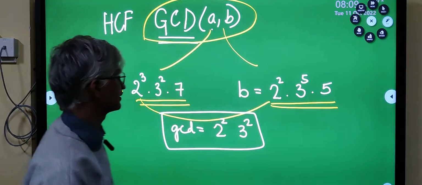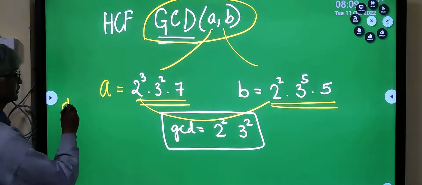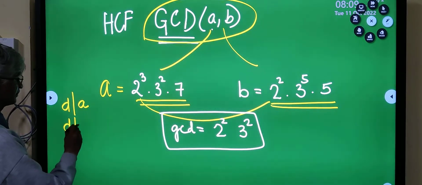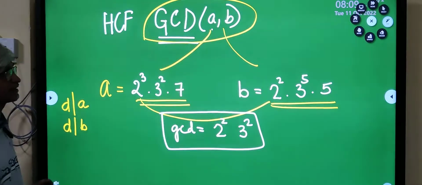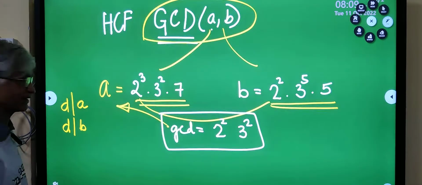Now let's take this in a different way. If D is dividing A and D divides B, this is the requirement to be satisfied by GCD, but then it has to be the greatest.